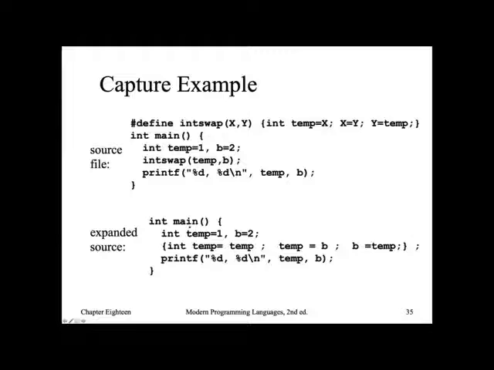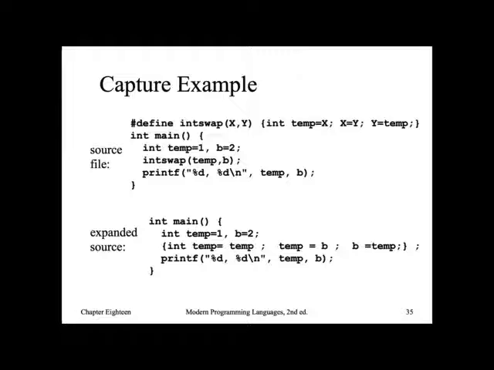Then here's what the expanded, so everything's the same, temp1, b equals 2, right? Then this line here, the int swap, gets expanded, and look what happens. I go bracket, bracket, int, temp equals temp. Okay, you see it?